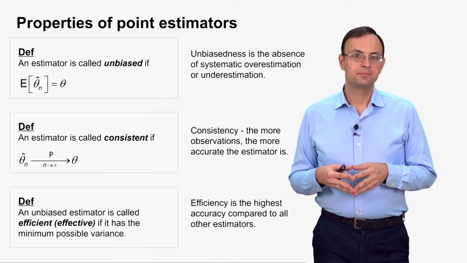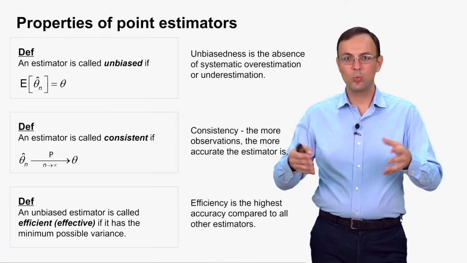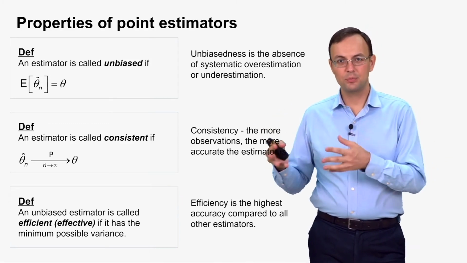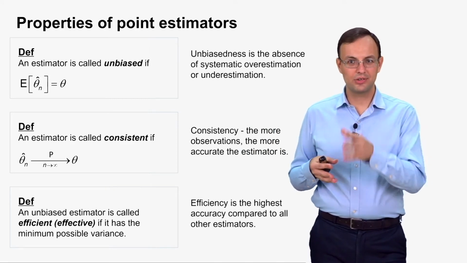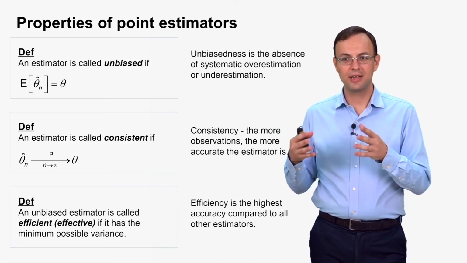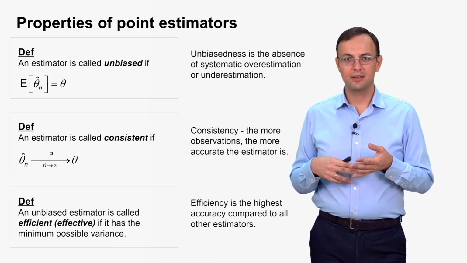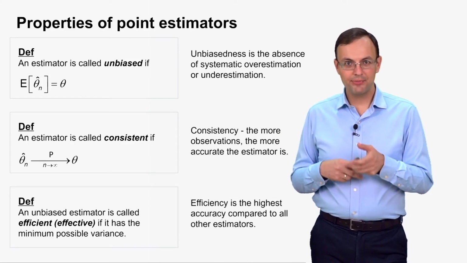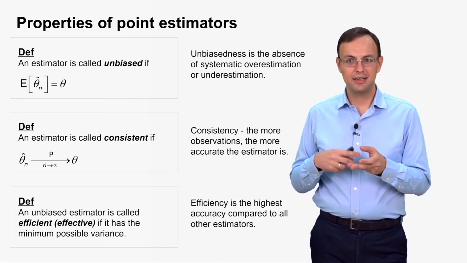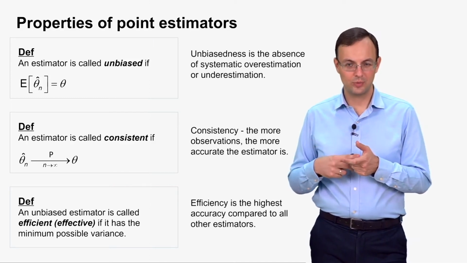So when someone suggests a way to estimate an unknown parameter, if one says, let us calculate the estimator with this formula, we can just check if this estimator is an unbiased one, a consistent one, and an efficient one.